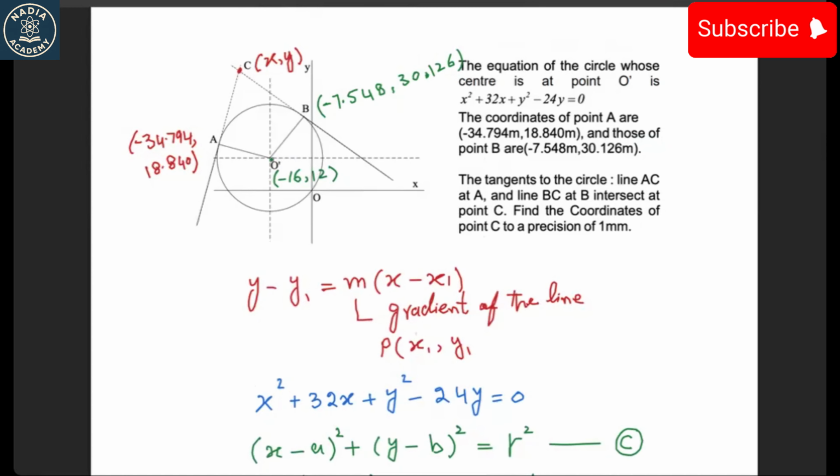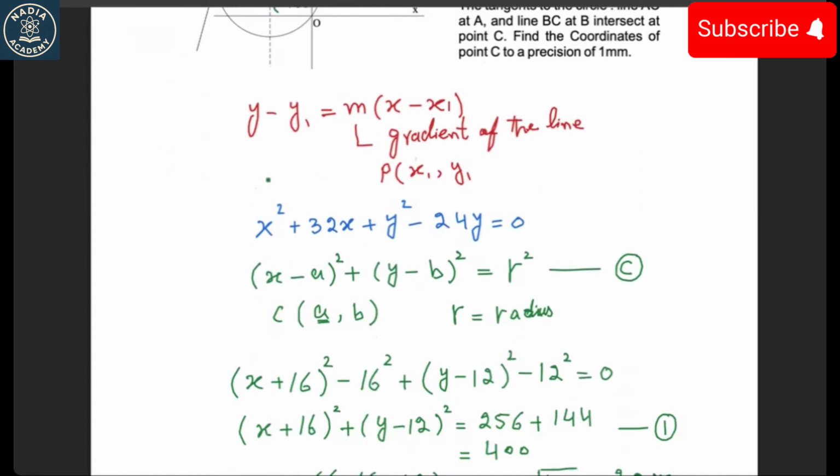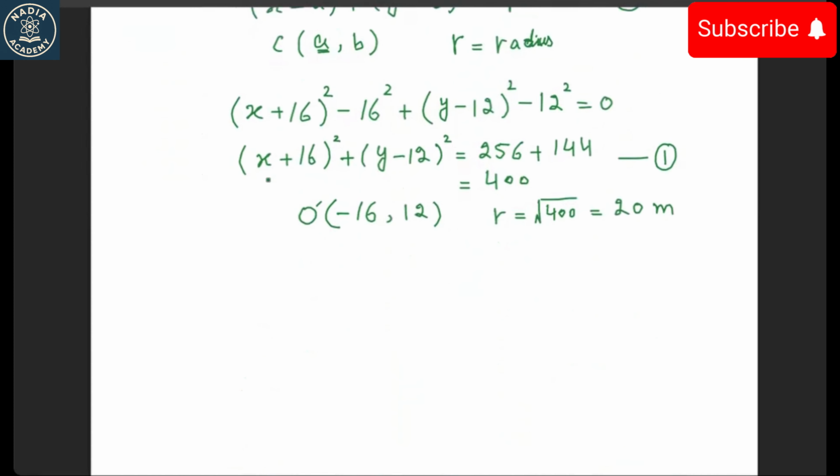We have the coordinates of O prime, A, and B. Now, if we find the gradient of the line O prime A and the line O prime B, we can find the gradients of these tangents and then the equations. So our next task is to find the gradients.